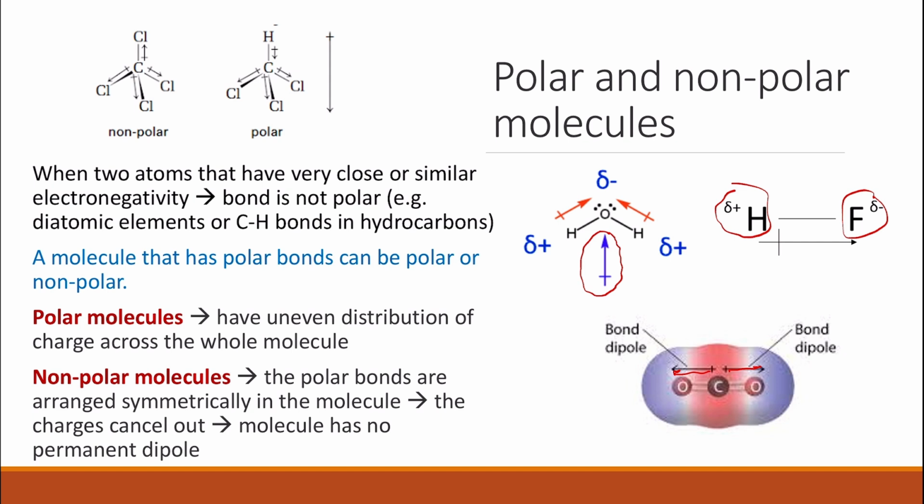The molecule has a tetrahedral shape, so the molecule is non-polar. However, when you have only three carbon-chlorine bonds which are polar and then one carbon-hydrogen bond here, the molecule will be polar because there will be an uneven distribution of the charge across the whole molecule. So this is going to be a polar molecule.